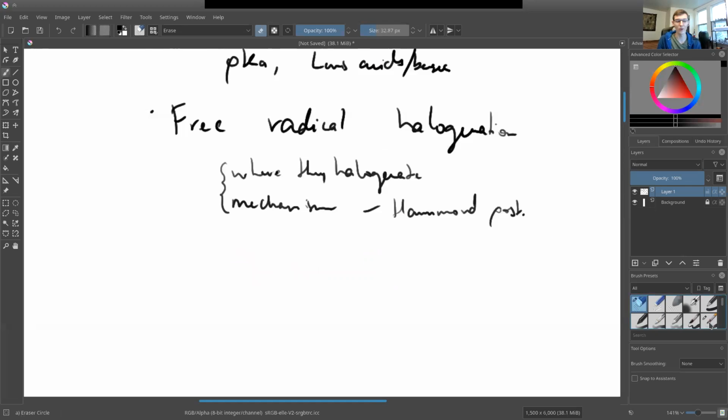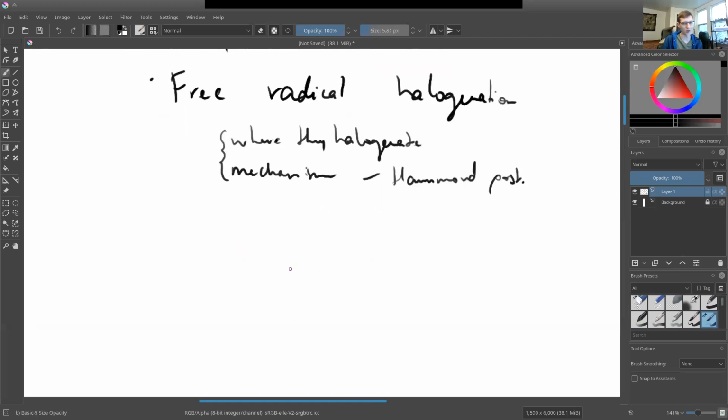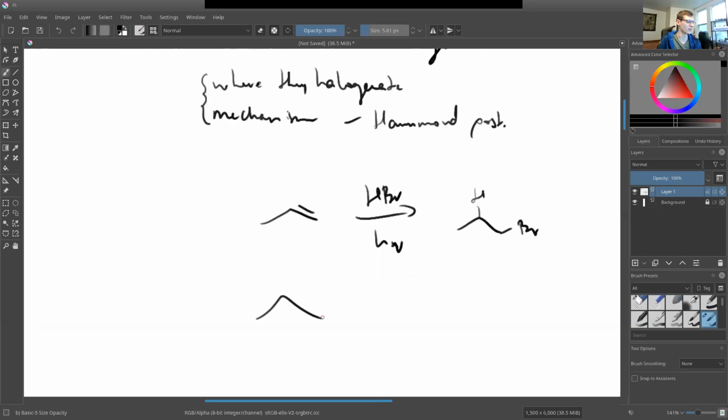There is one more reaction, and it's the only other reaction that you'll really need to know, which uses free radicals. You certainly don't need to know this yet. But if you have a double bond and you want to put a hydrogen and a bromine on it, and you want to put the bromine on the end, then you use light to do it, as opposed to just putting it here normally, where you wind up getting the bromine here.